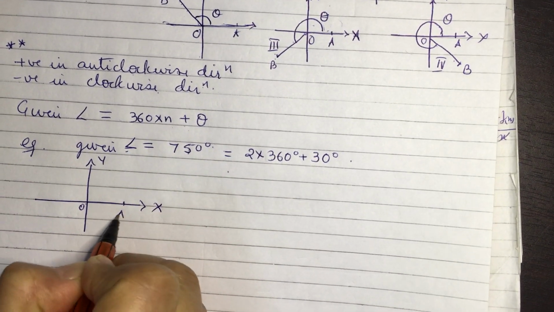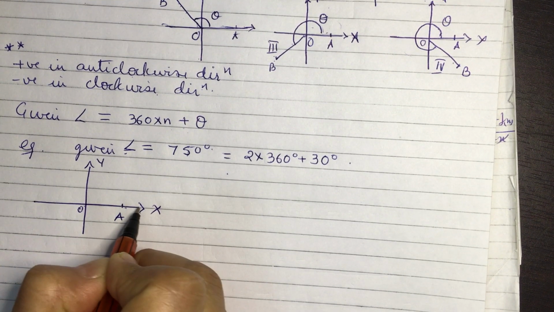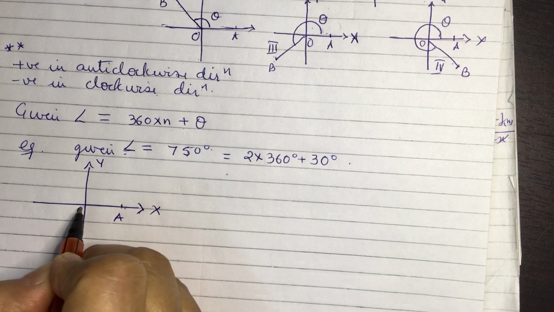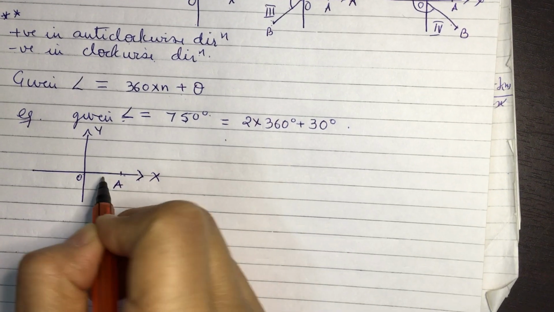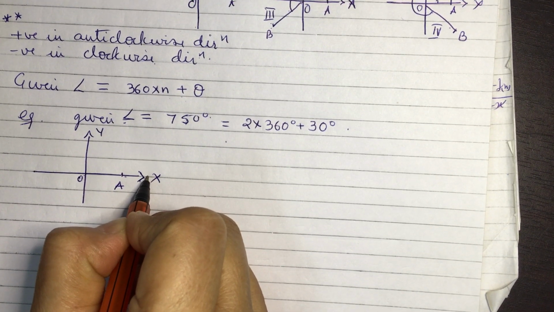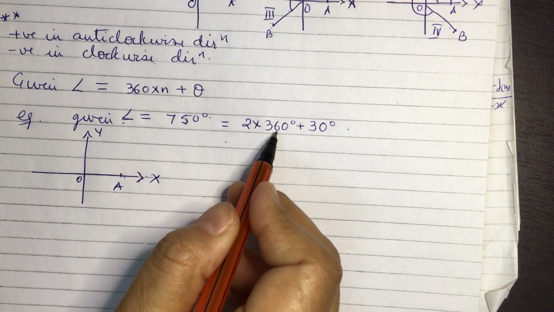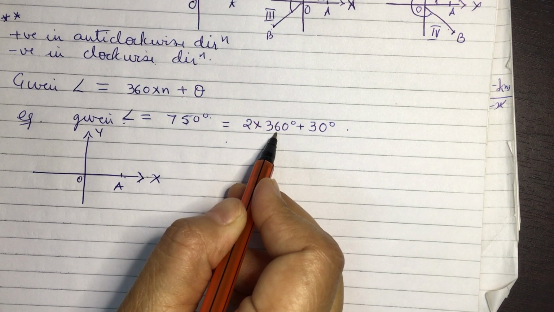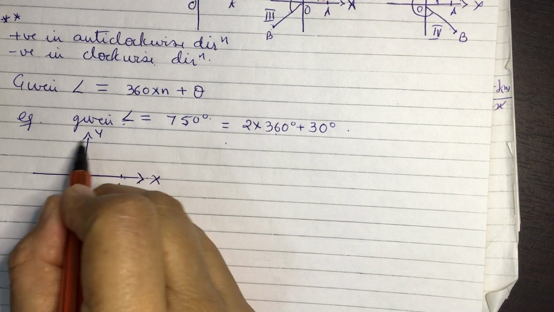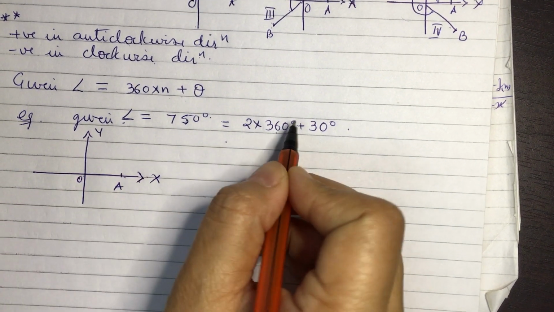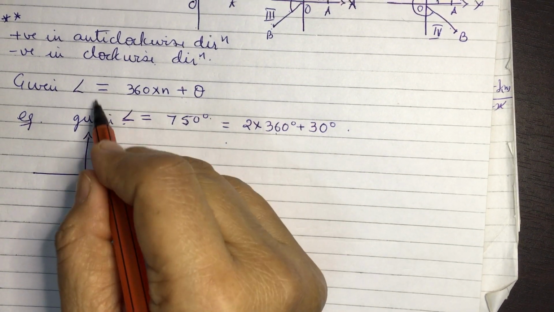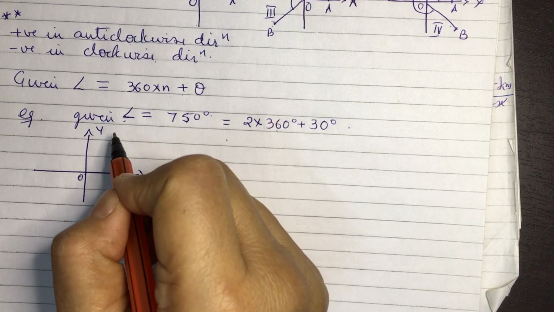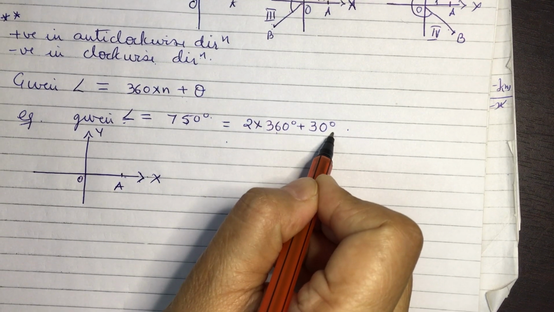In the standard position the initial side has to be along the positive x-axis. Now we start executing this angle, and the quadrant to which the terminal side belongs will be the quadrant to which this angle belongs.